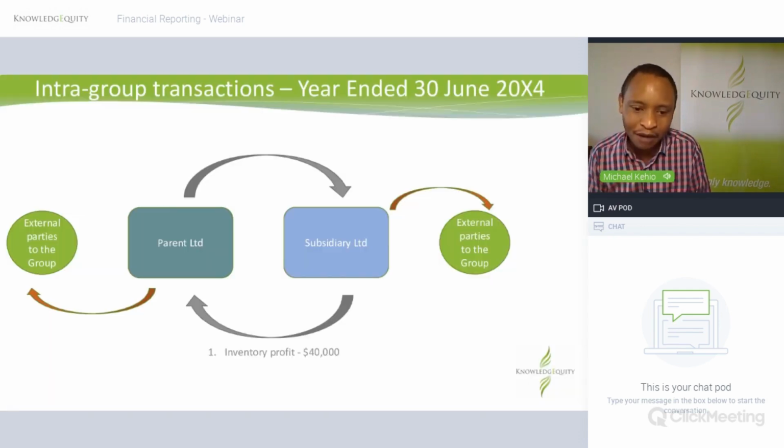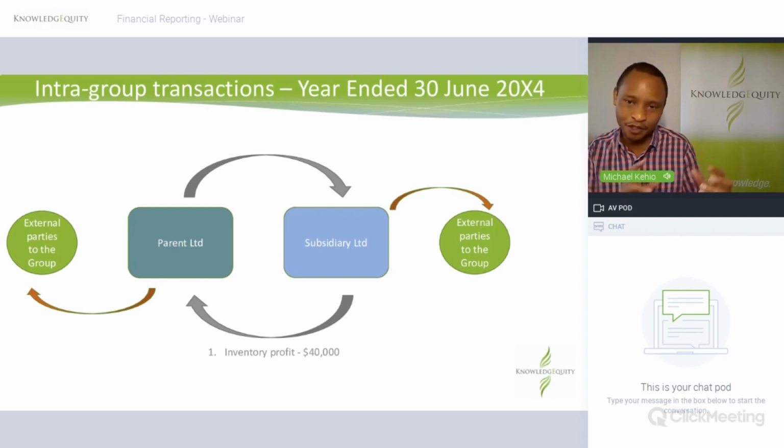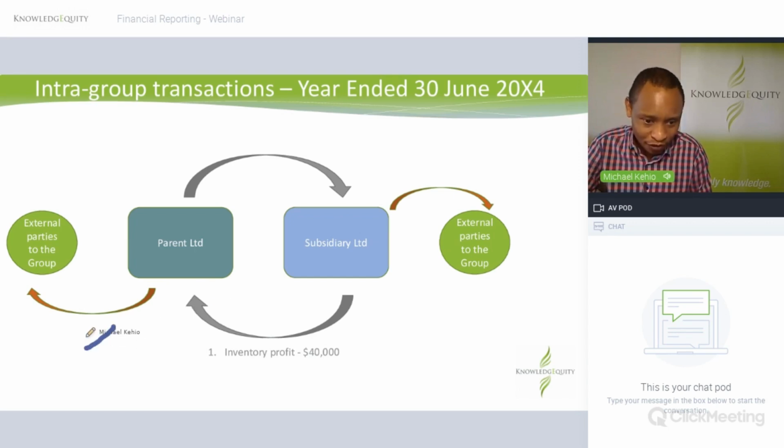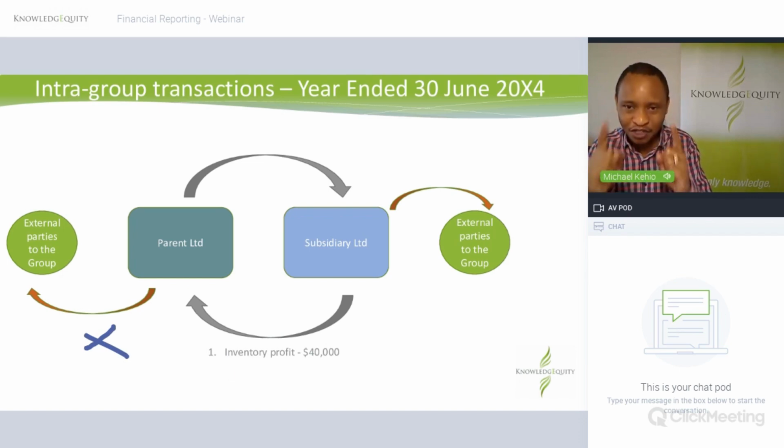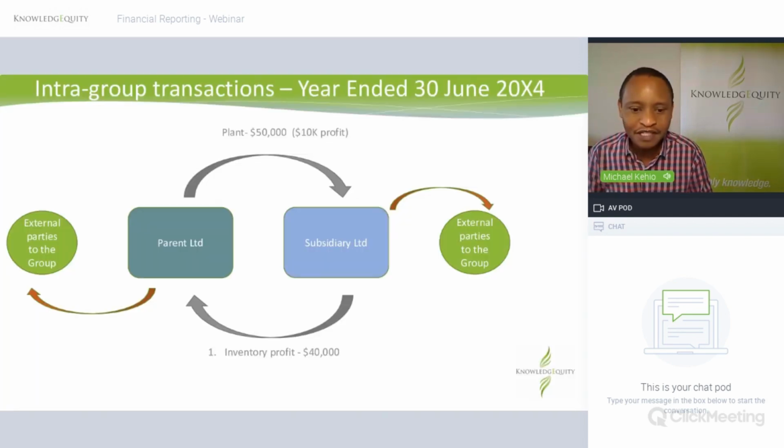So the first one to talk about is inventory. The subsidiary sold inventory to the parent company. But we are told that that inventory was still on hand on 30th June 20x4. Consequently, it hadn't been sold to external parties as at 30th June 20x4. What does that tell you? There is unrealized profit. We need to adjust for that. Now, what else do we see?